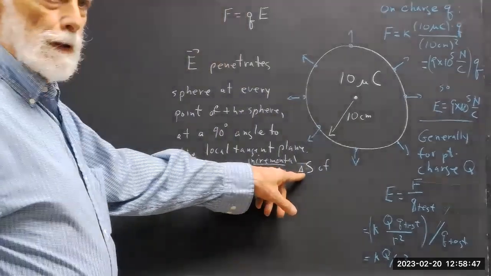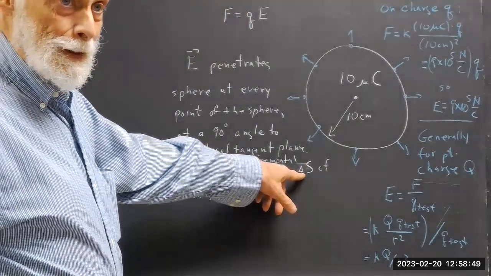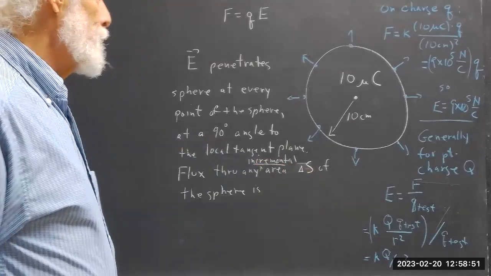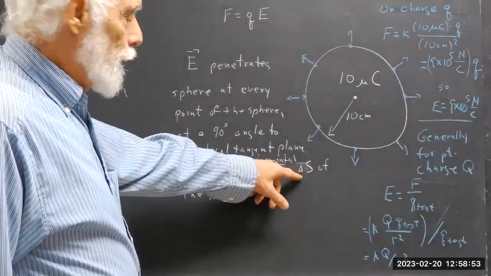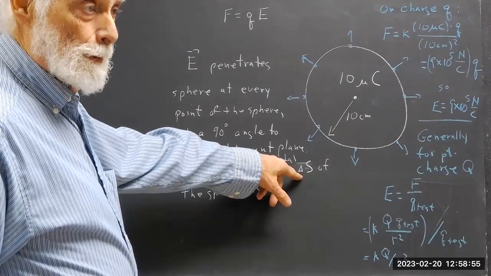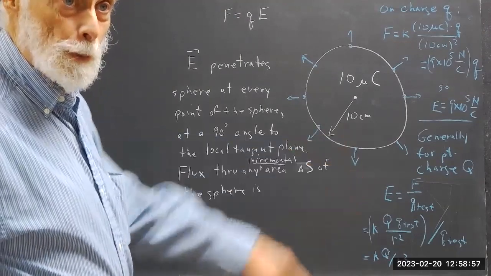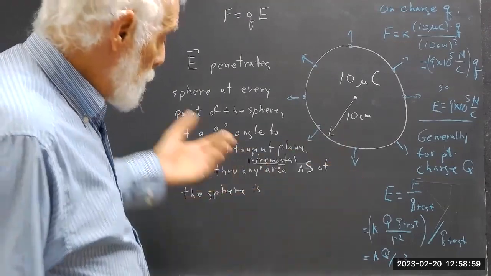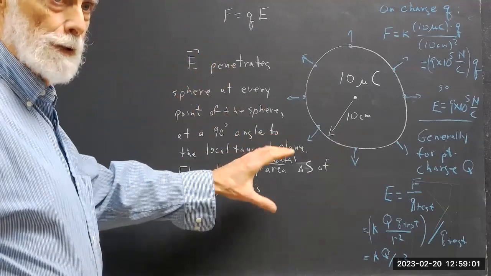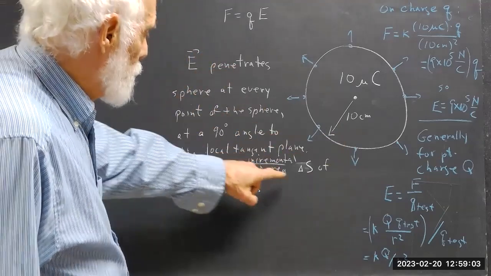Let's say an incremental area delta S. That's actually a vector delta S. You take the area and multiply it by the unit normal vector, and you get a vector, and you do dot products and all that stuff. We're not going to do that here. We're going to state it more intuitively.